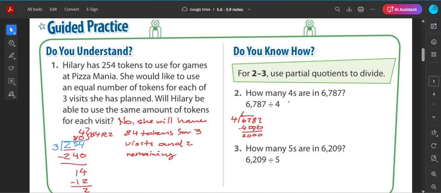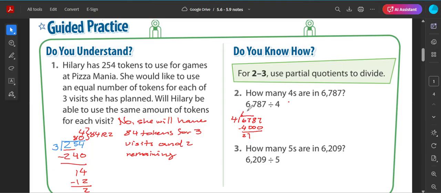And now I can look at my next, oh, I forgot. Let's go ahead and bring down the other ones. 2,700. I'll use 27 for right now. And so how many times can 4 go into 27?